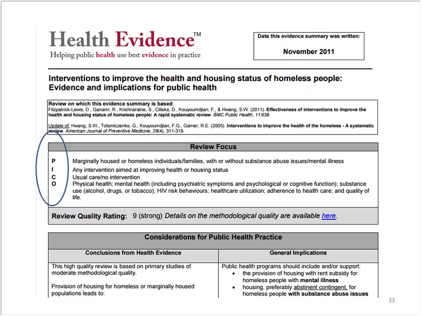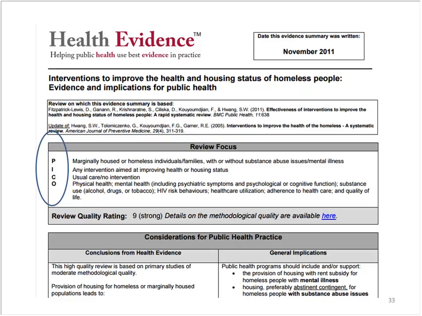So that's Health Evidence, and remember we're in the search phase of the evidence-informed decision-making process. Health Evidence is one source that can help you to find mental health-related information, among other things.